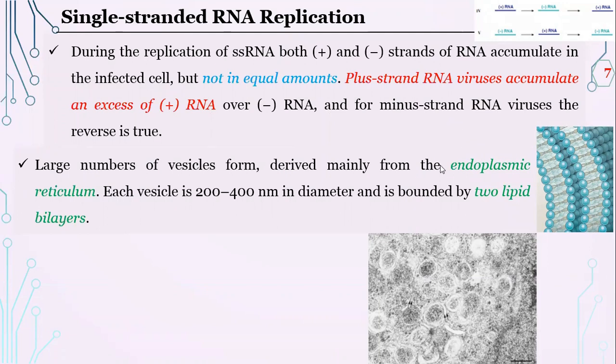The mechanism is not known why the cell prefers positive sense, and how one strand is more while the other is comparatively less. And a large number of vesicles form, derived mainly from the endoplasmic reticulum. Each vesicle is 200 to 400 nanometers in diameter and is bound by two lipid bilayers.